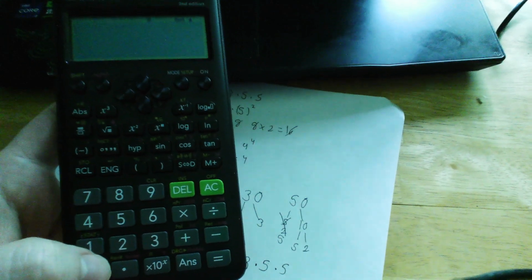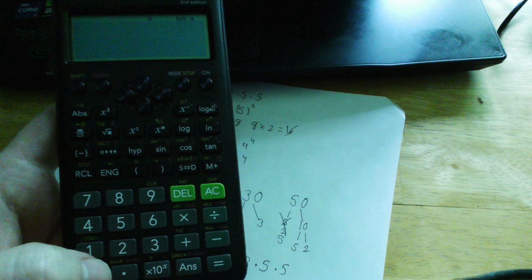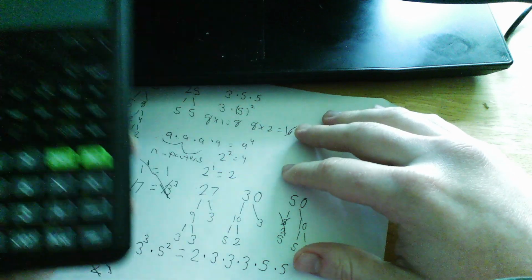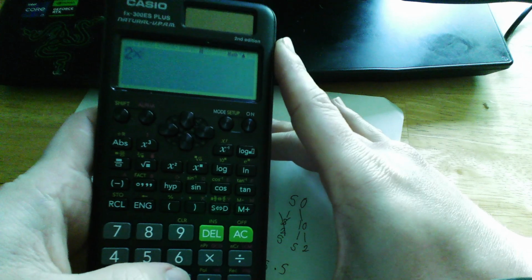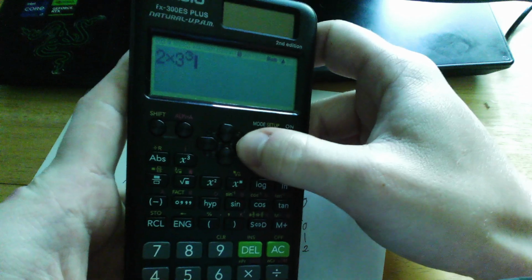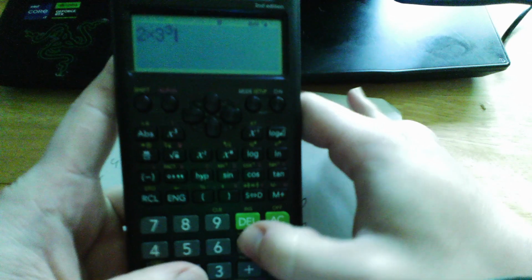Here we have the calculator. I'm just trying to bring it up here so I can show myself multiplying these together. 2 times 3 to the third. We want to move that over so we're not multiplying the exponent.